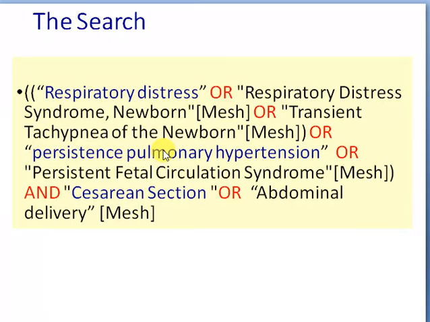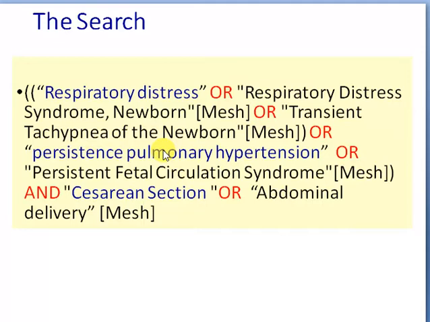For example, respiratory distress can be replaced by respiratory distress syndrome, or respiratory distress syndrome in newborn, or transient tachypnea of the newborn, or persistent pulmonary hypertension, or persistent fetal circulation syndrome. This can be used.